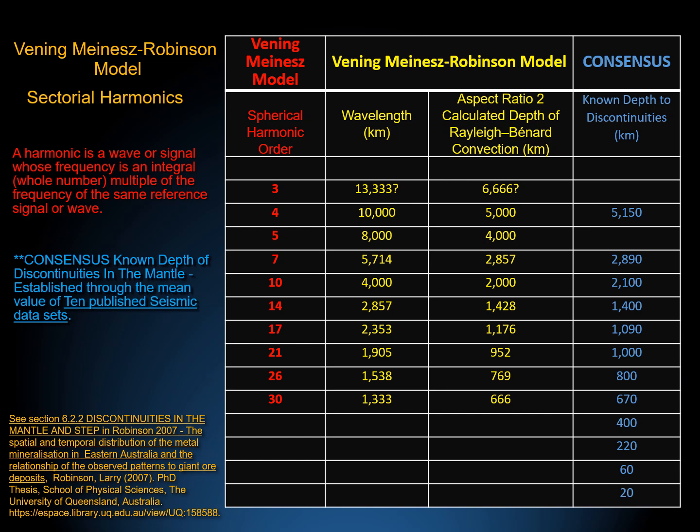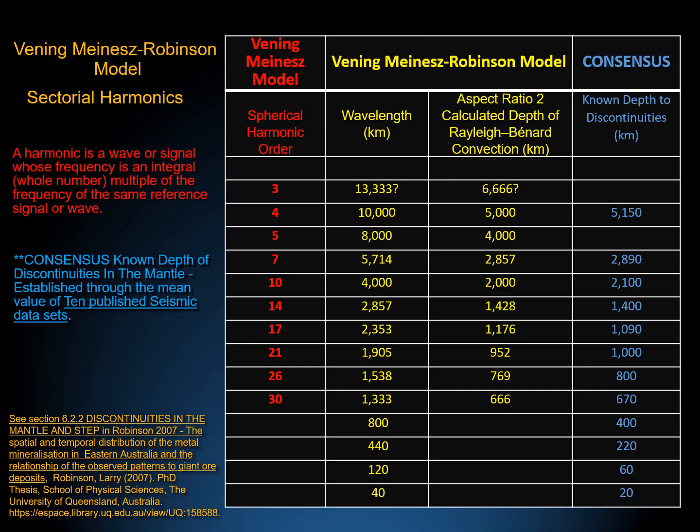Before moving on, please note within the consensus column, the blue column, the numbers at the bottom of the column: 400, 220, 60, and 20 kilometers. These values for discontinuities are beyond the spherical harmonic order determined previously by Vening Meinesz.